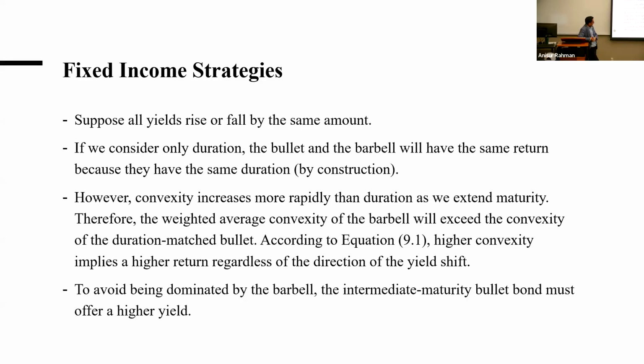According to equation 9, higher convexity implies a higher return, regardless of the direction of the yield shift. Generally, yield increases, bond price decreases, vice versa. But convexity is such a powerful and beneficial feature for investors: regardless of whether the yield increases or decreases, positive convexity causes the bondholders to benefit.